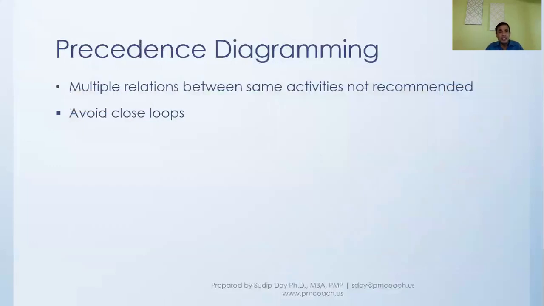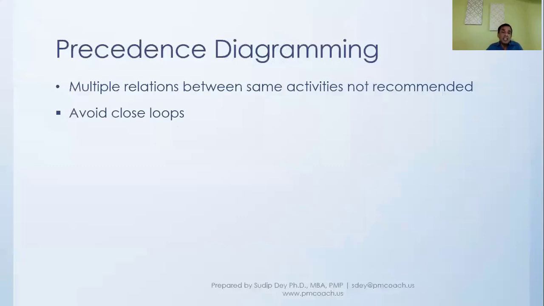When we are doing this precedence diagramming, there are a couple of cautions that we need to heed. One is, between 2 activities, there cannot be multiple relationships. We cannot say activity B and activity A have a finish to start relationship and at the same time a start to start relationship. That will create issues when you actually plan.